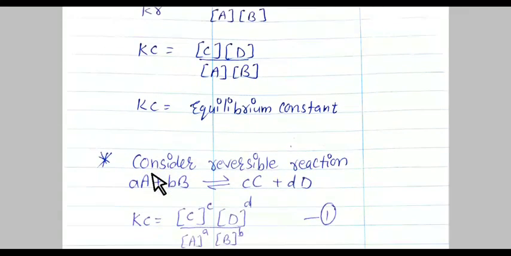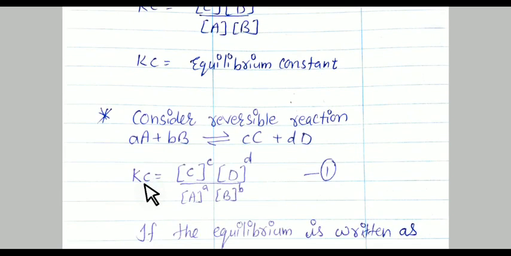Now consider the reversible reaction aA + bB ⇌ cC + dD, where small a, b, c and d are the coefficients of A, B, C, D. Now we have the formula Kc.